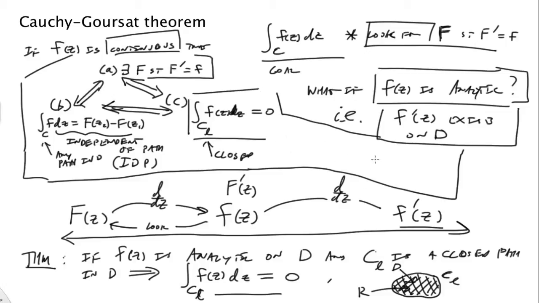So what we have then is an extension to this implication chain, which is that if I know this additional fact, which I'll call D, that f is analytic, it implies this. Okay, so now we have an extension here.